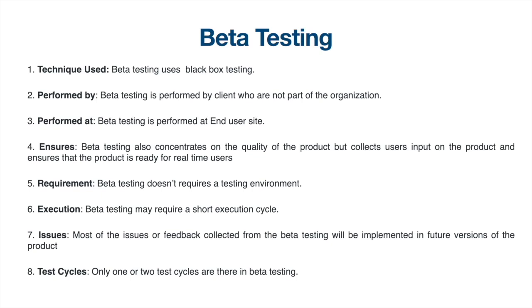So friends, this is all about alpha and beta testing. Questions on alpha and beta testing are mostly asked in interviews when you have only a couple of years of experience, or you are a fresher entering the software testing world. These things are required to know for your interview, as well as in your daily routine, because you should understand how much effort will be required in the case of alpha testing.